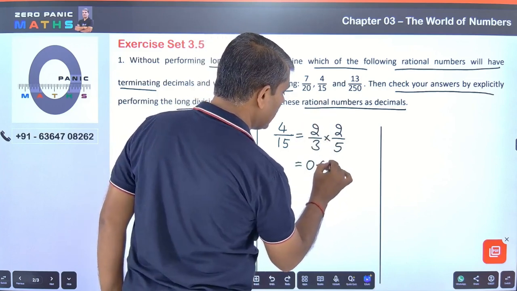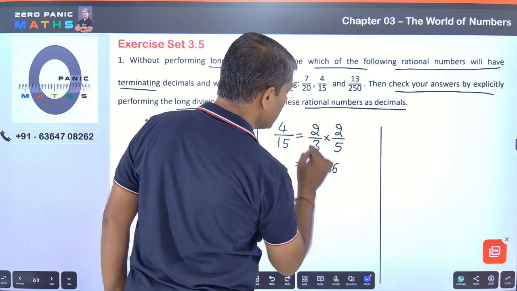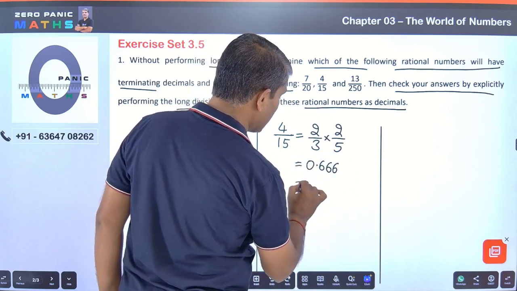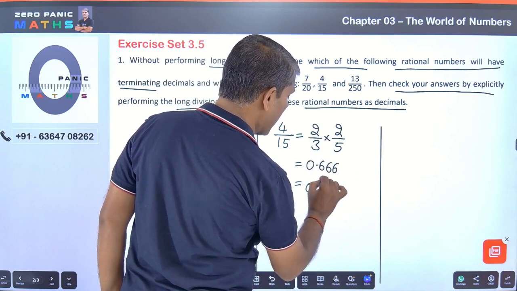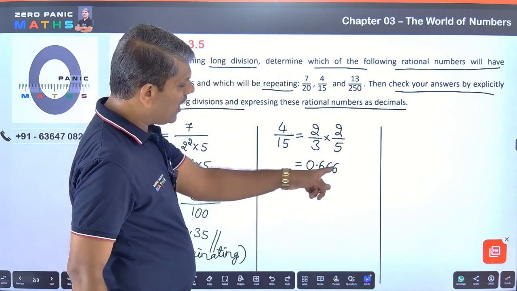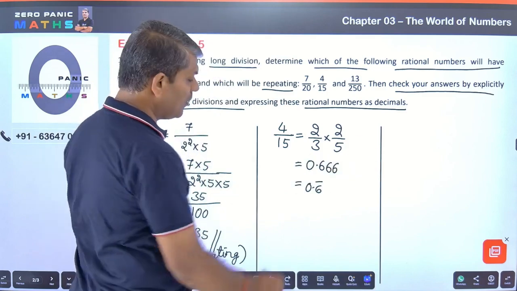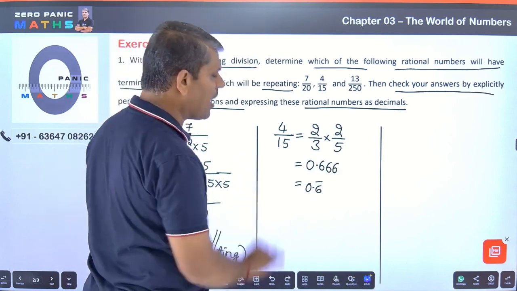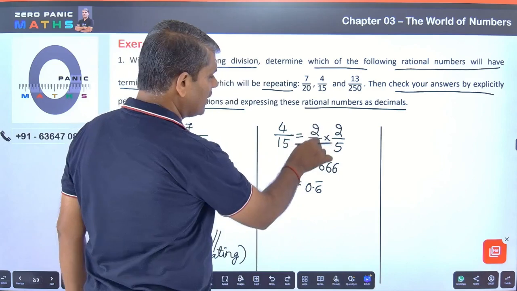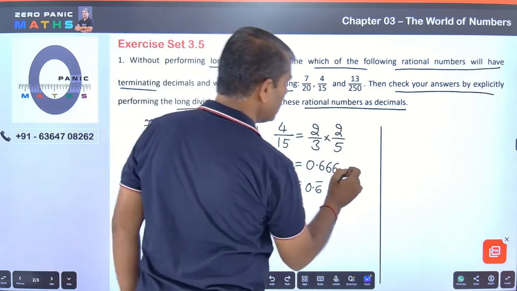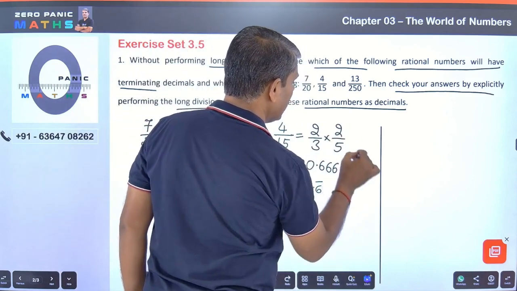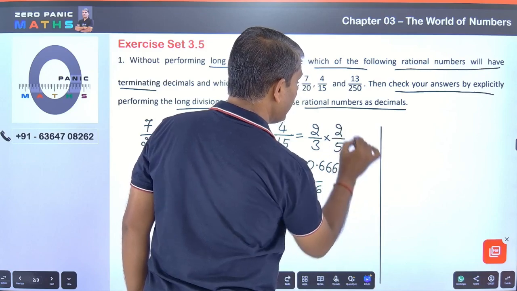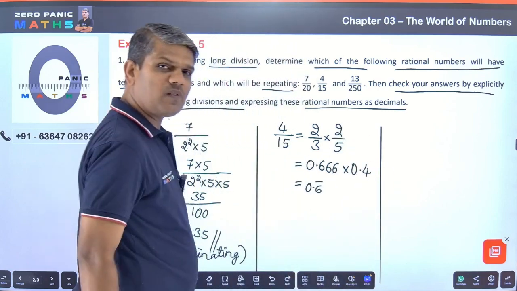Again it will become 20, and 3 6s, 3 6s, so this will go on, and that should be written as 0.6 bar. You know that, if digits repeat after the decimal point, that can be represented as a repeating digit with a bar on it. That is the reason I converted this into 2 by 3. Now what is the second number? It is 0 point. It will become 20, and 5 fours are 20, so it is 0.4.